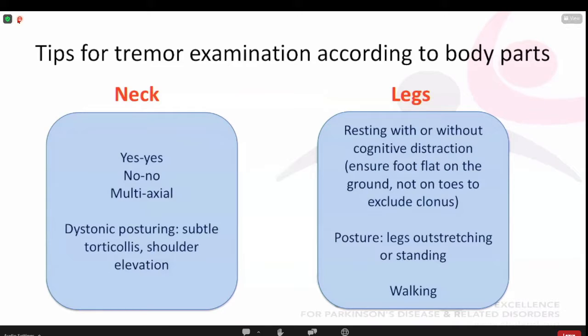You have to support the body part that you test, because if it isn't flat on the ground, when the patient extends the ankle, it might be clonus that you see, like a rhythmic movement. And for the postural tremor, you can ask the patient to stretch out his or her leg, or stand. And the last one is to observe the tremor when the patient walks.